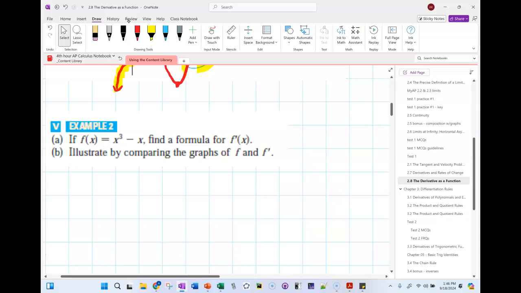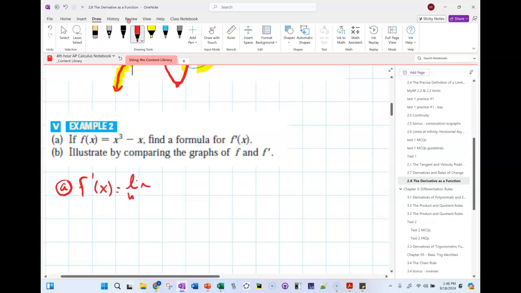So the next example says, if f of x equals x cubed minus x, find the formula for f prime of x. So we're looking for a function. I'll start with my derivative equation.